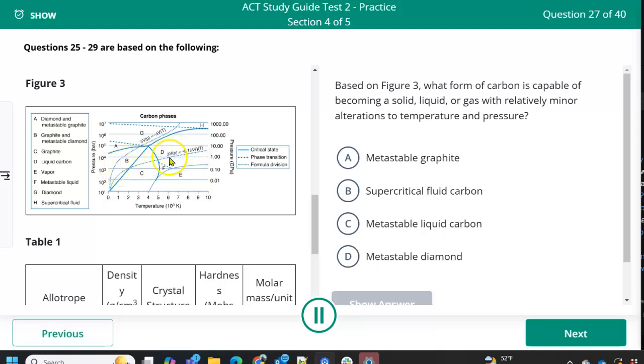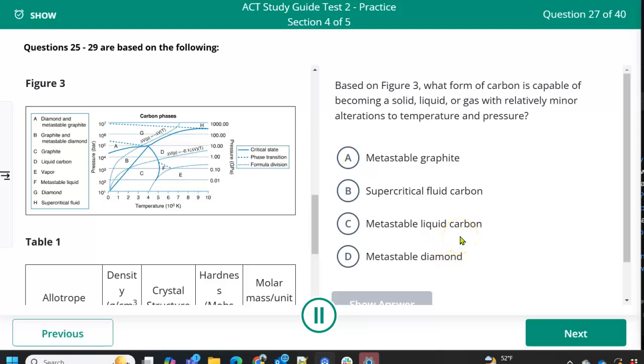Now, it looks like liquid carbon could go to a solid, that's A. It could go to metastable liquid. It could go to vapor. That's the only one that I can see here where we've got a solid, a liquid, and a gas. They're all right together here, and the only other thing in the area is D, liquid carbon.